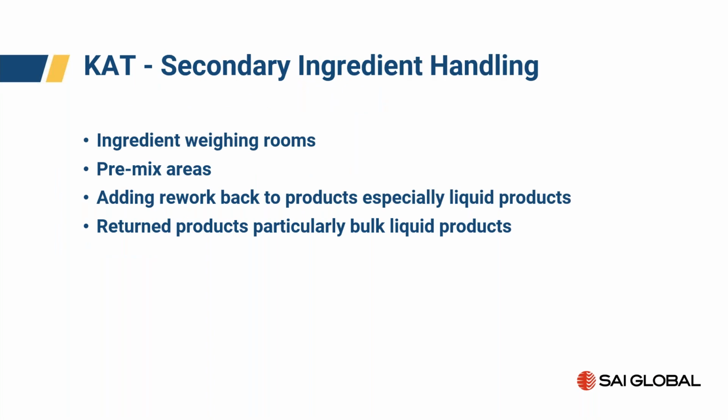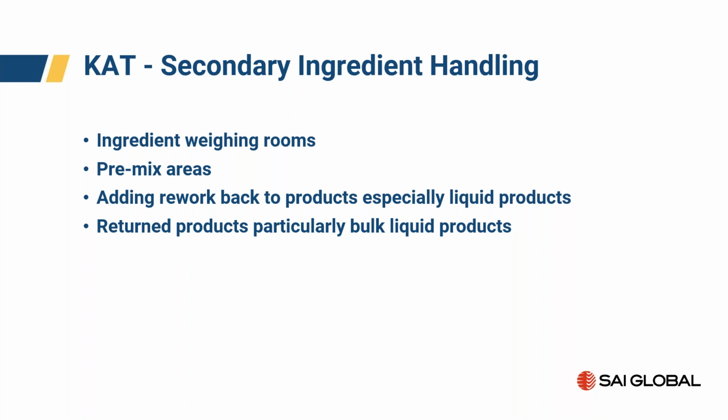When we talk about second ingredient handling, what is the FDA concerned about here? Obviously, people off to one side, working in a separate area, maybe a separate room, weighing out some of your ingredients that later are added to a big batch of product. A great opportunity to put something in those packages that is going to be harmful to the health of the consumer.